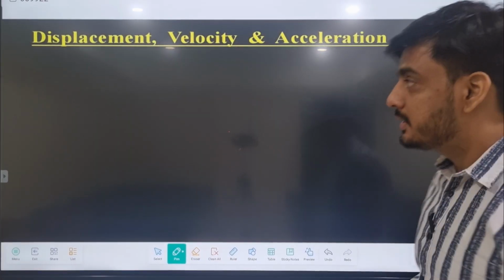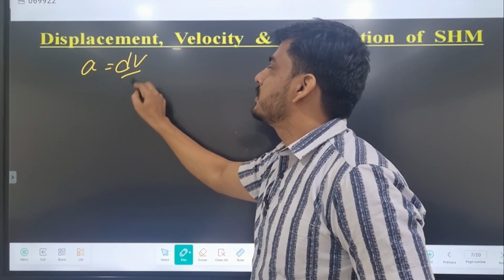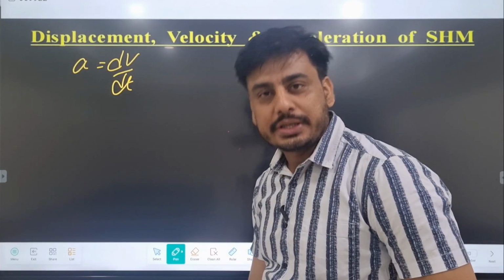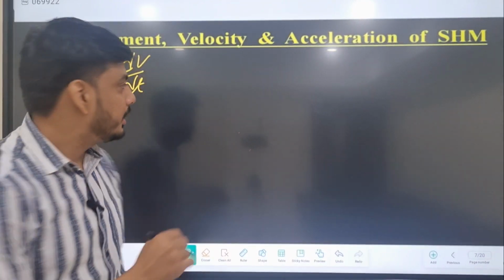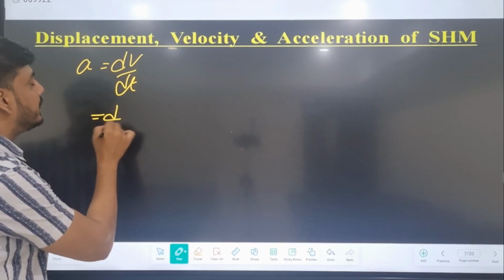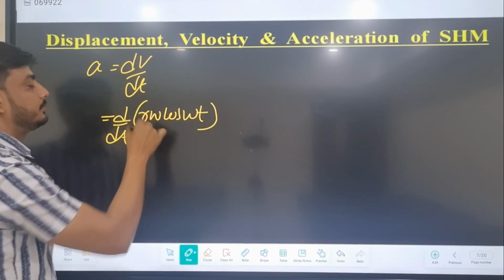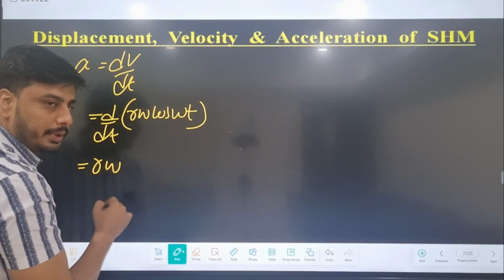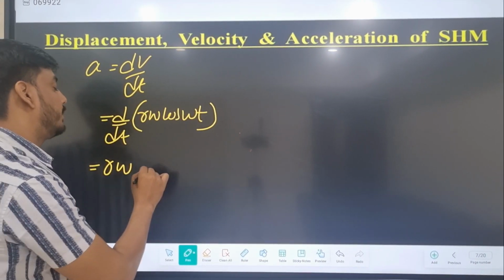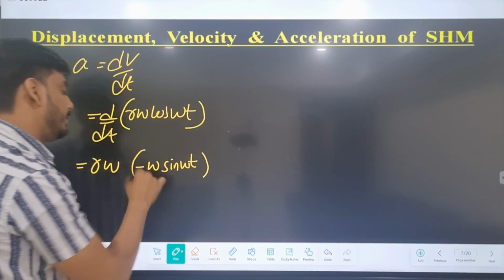Then we'll calculate the acceleration. Acceleration is very easy. Already you can write that acceleration is the rate of change of velocity. Velocity we have easily calculated, so we can write d by dt of r omega cos omega t. So r omega is constant, and the derivative of cos omega t will be minus omega sine omega t.